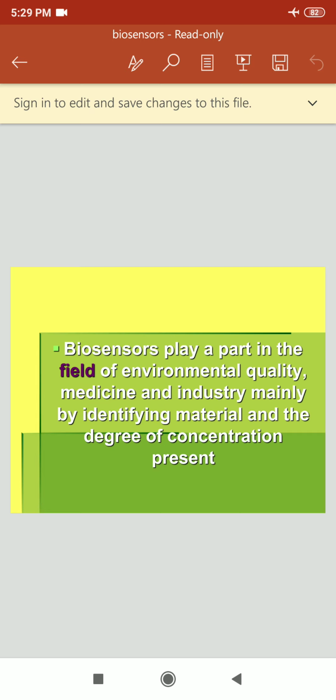Now this plays a part in the fields of environment quality, medicine, and industry, mainly by identifying the material and the degree of concentration present. So by using biosensors, it is useful in environment quality. Next, it is used in medicine and industries, in which we identify the material and the concentration of that material.